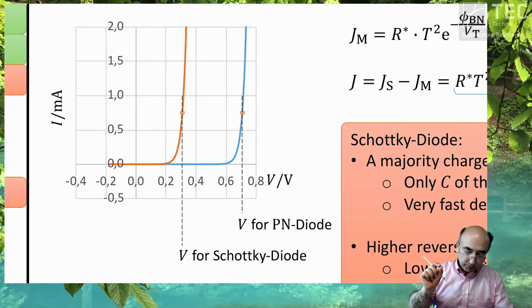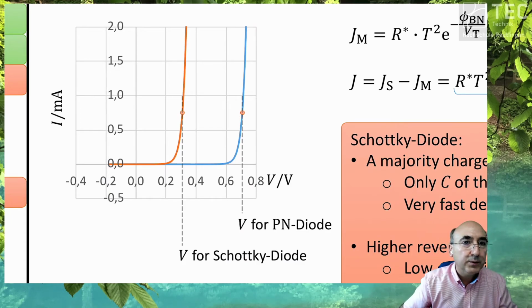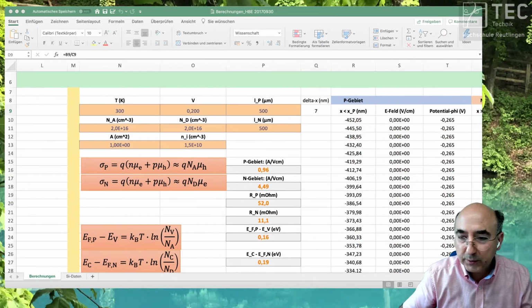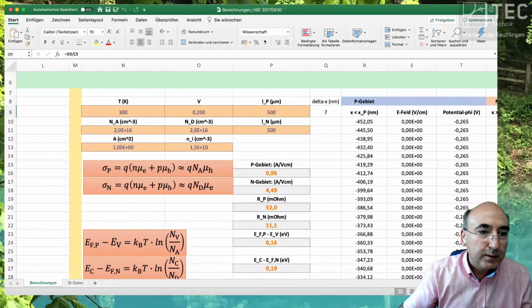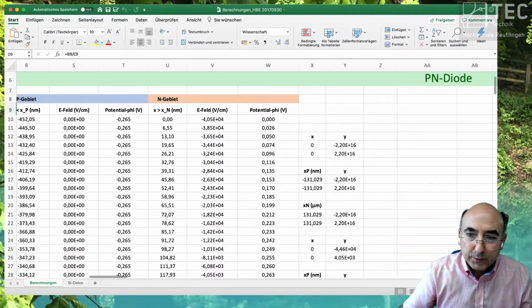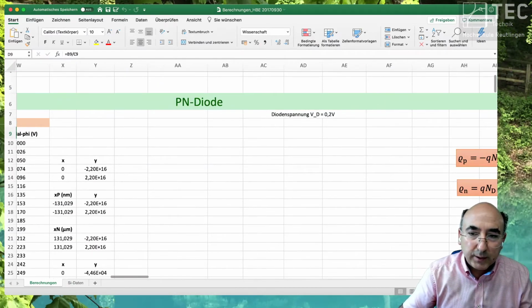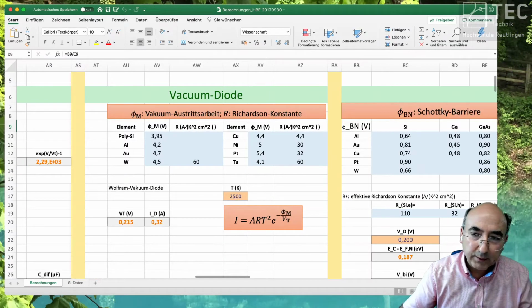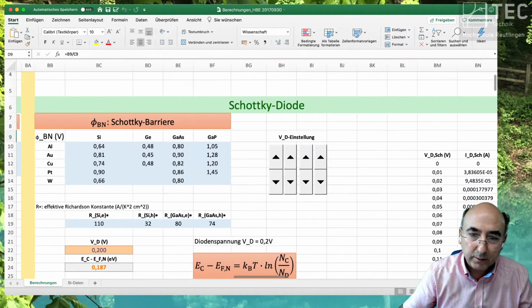Let's do it with the real sheet here. One moment. Let's go to not the PN diode, let's go to the Schottky diode.